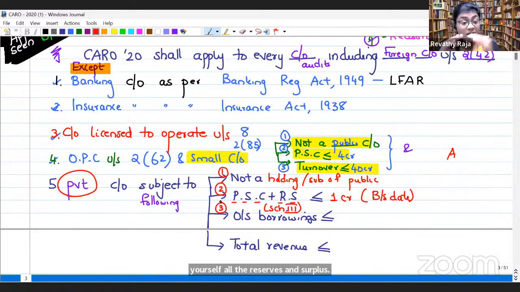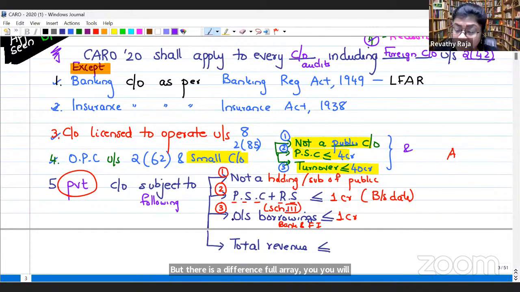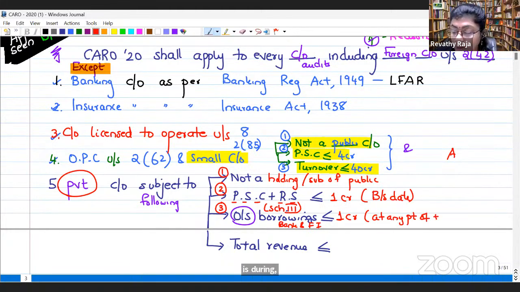Okay. Third, guys, outstanding borrowing. Borrowing means from whom? Banks and financial institutions. Outstanding borrowing from banks and financial institutions shall not exceed the same amount, 1 crore. But there is a difference. Here it is outstanding. So do you take it on 31st March or any time? It is at any point of time during the year.